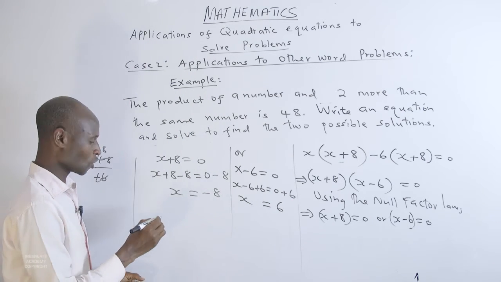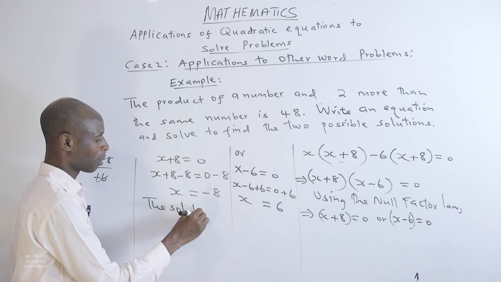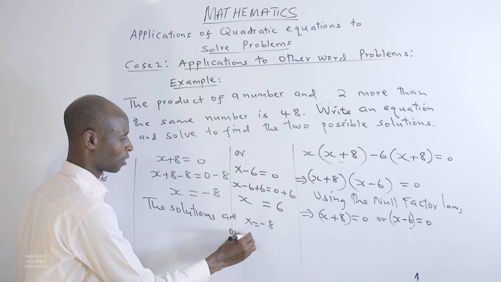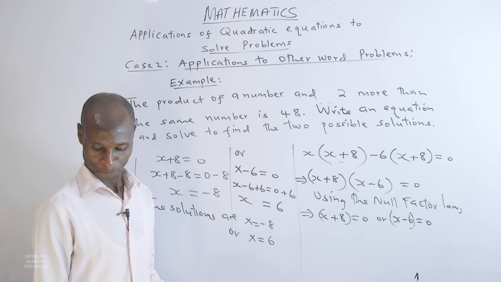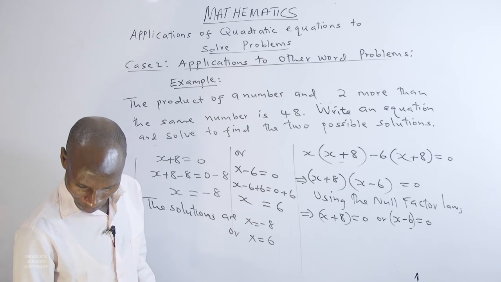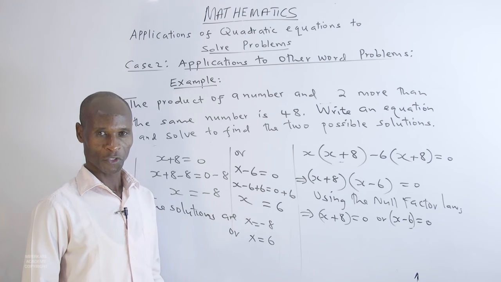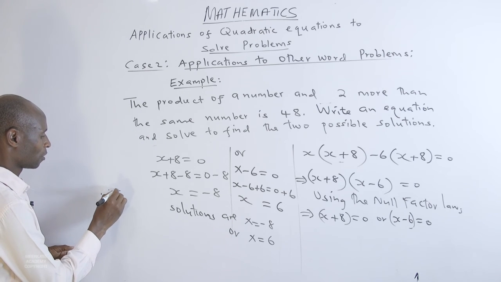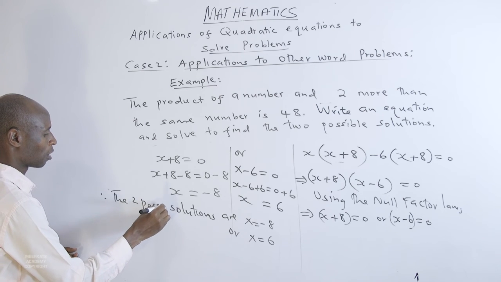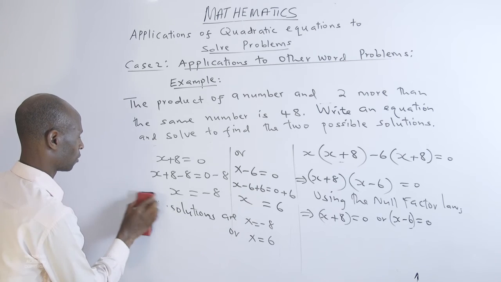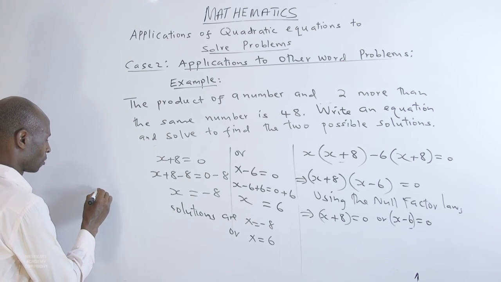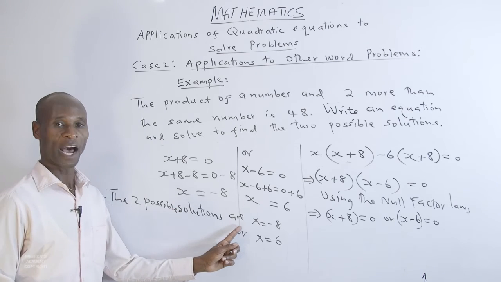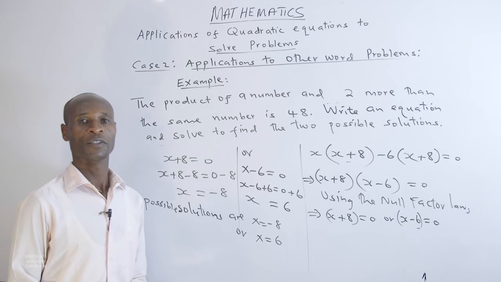Therefore, the question was to solve to find the two possible solutions, so we say the two possible solutions are x equals negative 8 and x equals 6.